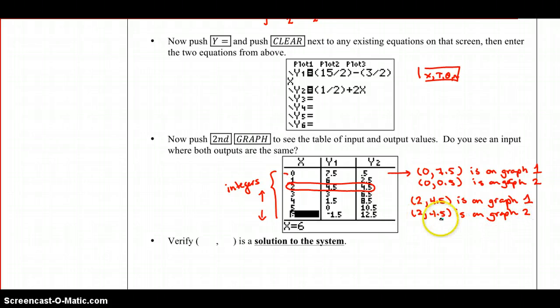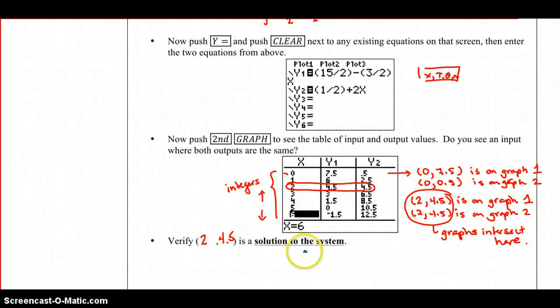So the point 2, 4.5, is also on the graph of equation 2. Okay, so these two graphs intersect at this point. So the solution to the system is 2, 4.5.